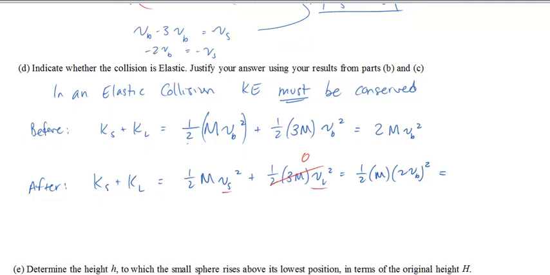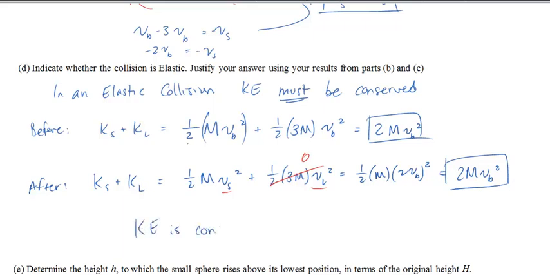Guess what happens when I square the 2 and the VB, bring it out front and combine it, I get 2mVB squared again. So kinetic energy is conserved, and therefore the collision is elastic.